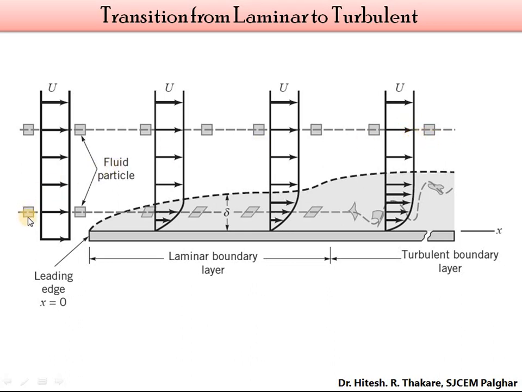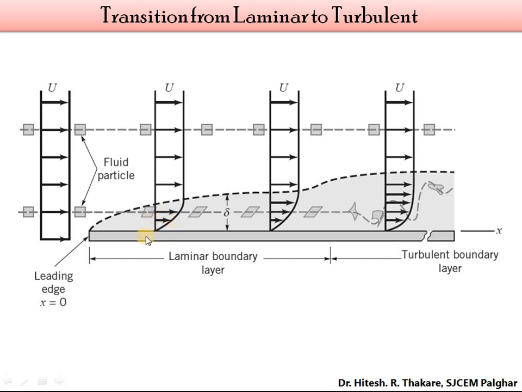But what happens with the second particle, which is now getting included in the boundary layer? As soon as this fluid particle or fluid layer becomes a part of boundary layer, the first thing that happens is the occurrence of no-slip boundary condition.